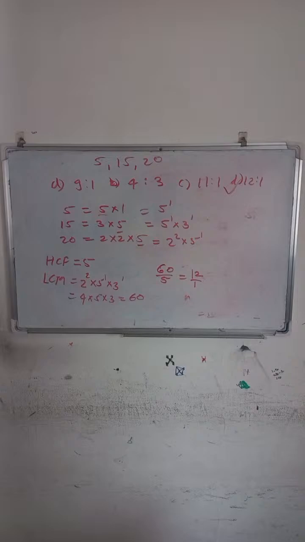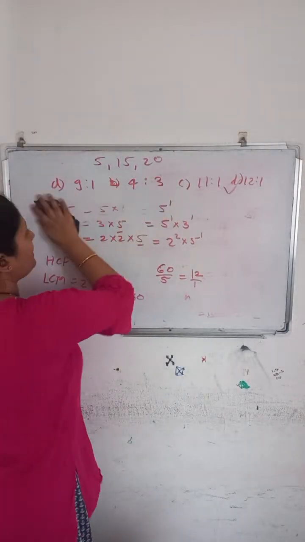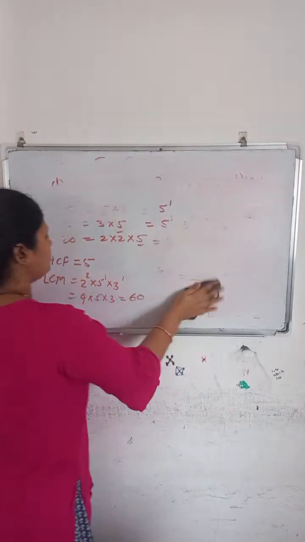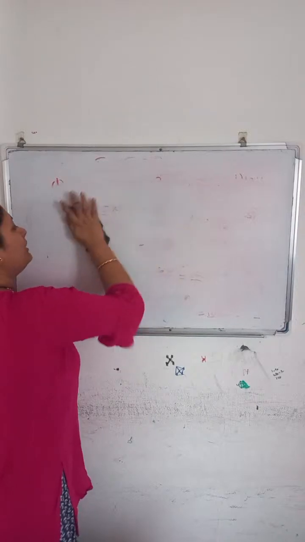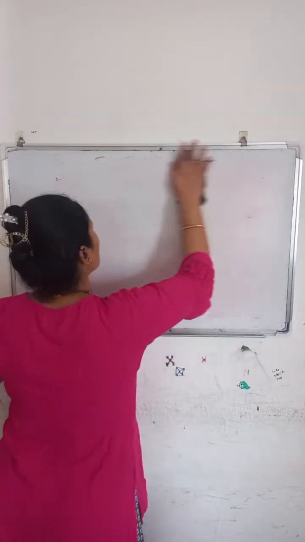Then the possible number of pairs of such numbers are, and the options are given: A is 2, B is 3, C is 4, and D is 5.